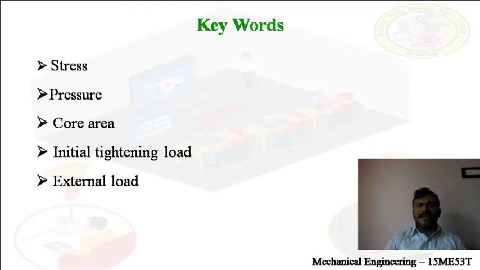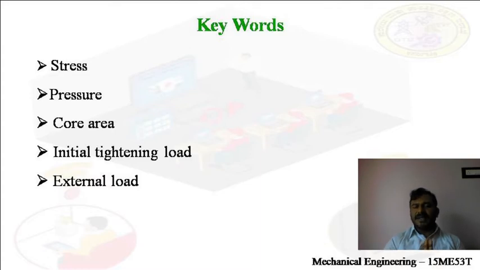And next one is initial tightening load. Initial tightening load means when we tighten the bolt and nut with the help of a spanner, some preload acts on the bolt and nut.